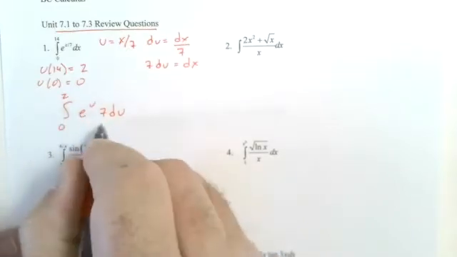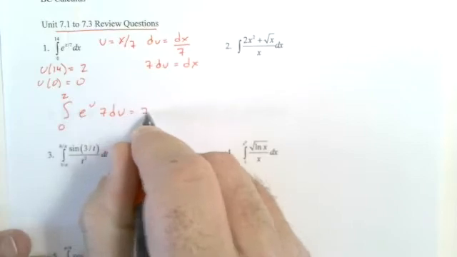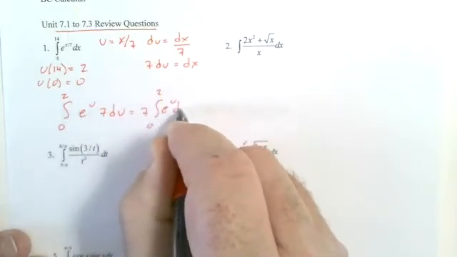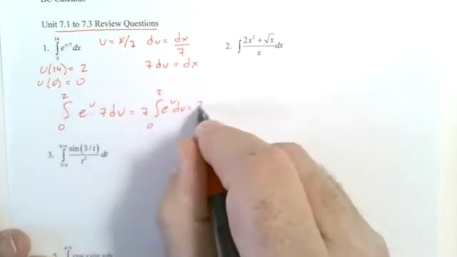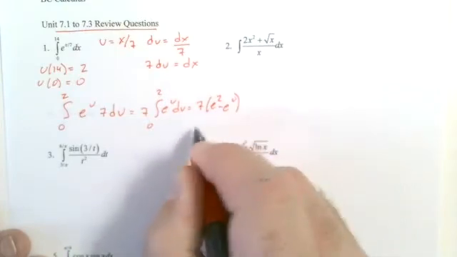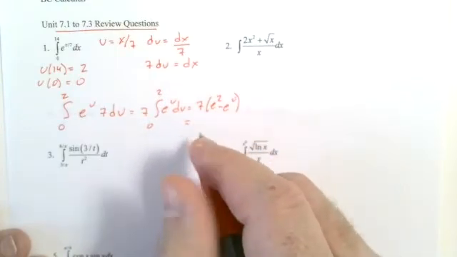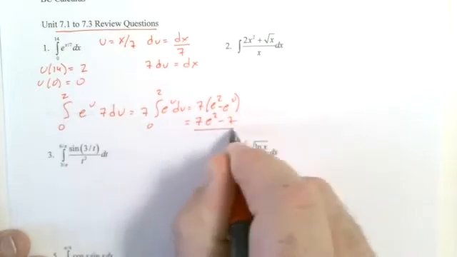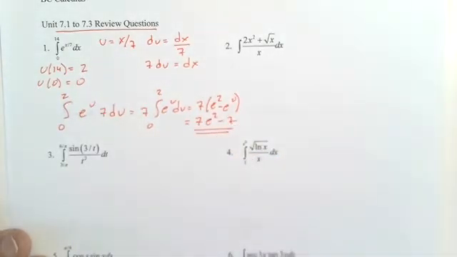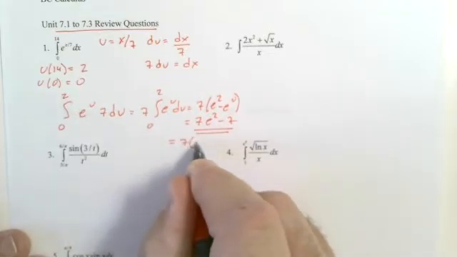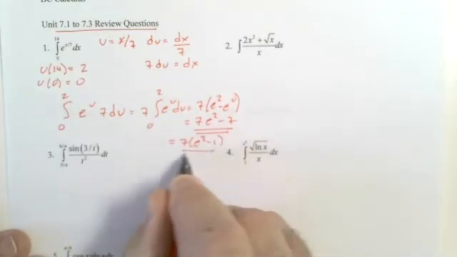Throw the 7 out front. Seven times e to the second minus e to the 0 equals 7e squared minus 7. And you can also factor that and write it as 7(e squared minus 1). Both answers are valid.